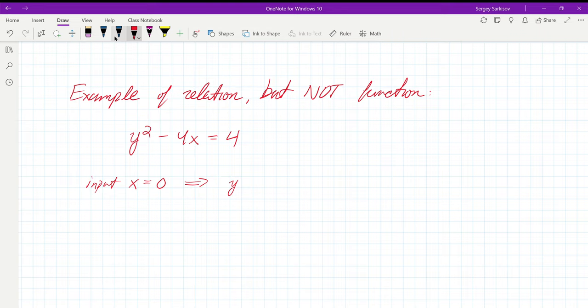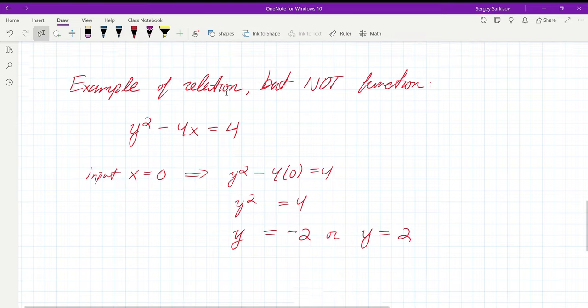y squared is equal to, well, what is that? Minus 4 times 0 equals 4. So y squared minus 0 equals 4, so it equals 4. And then y equals, and a lot of students will say, oh, it's a 2. Well, wait. The square root property tells us it's a plus or minus 2. So it could be y equals negative 2, or y equals positive 2. So I don't know what I'm getting.